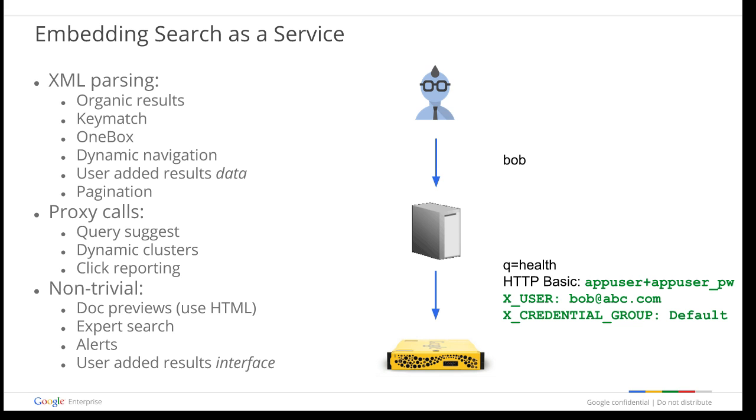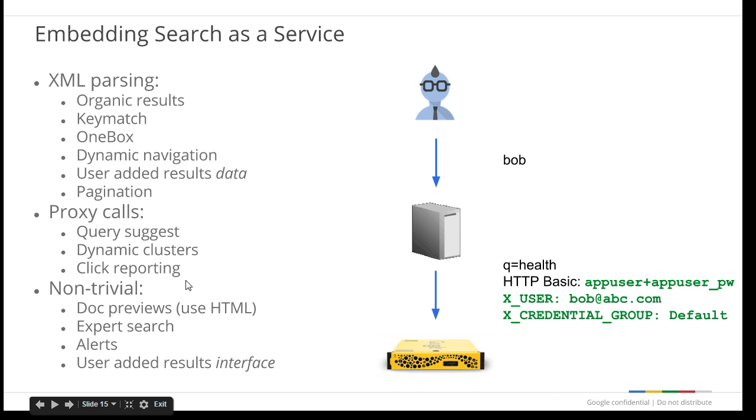However, there are costs to this approach. Many search and result elements are simple to include, but some are more complex. For example, several GSA features rely on JavaScript to send data back to the GSA. To do this from an application, you have to host the JavaScript on your application server, modify it so that the browser sends data to your application server instead of the GSA, then proxy the data from your application server to the GSA.